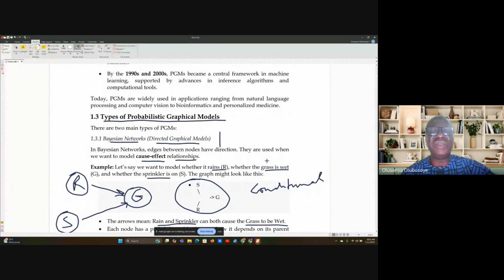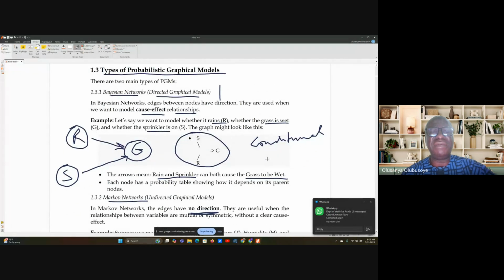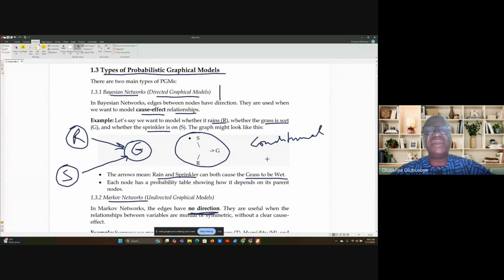Of course, the two of them form the types of graphical models that we have: the Bayesian network and the Markov networks. One uses directed graphical models. The other one uses undirected graphical models.